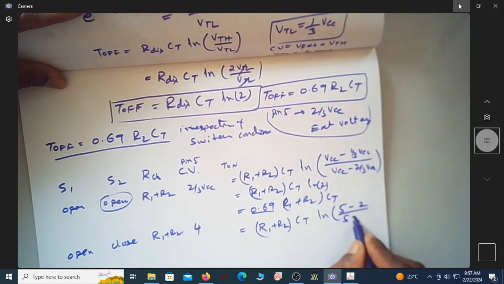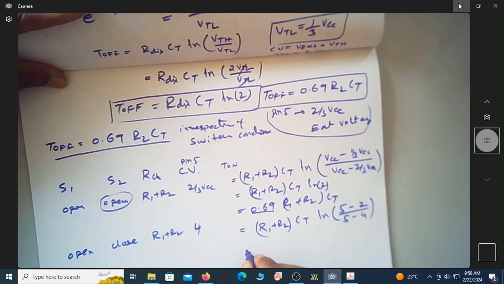So it is ln of (5 minus 2) by (5 minus 4), which is ln of 3. ln of 3 is 1.1. So it is equal to R1 plus R2 into CT ln of 3, which is nothing but 1.1 R1 plus R2 into CT.